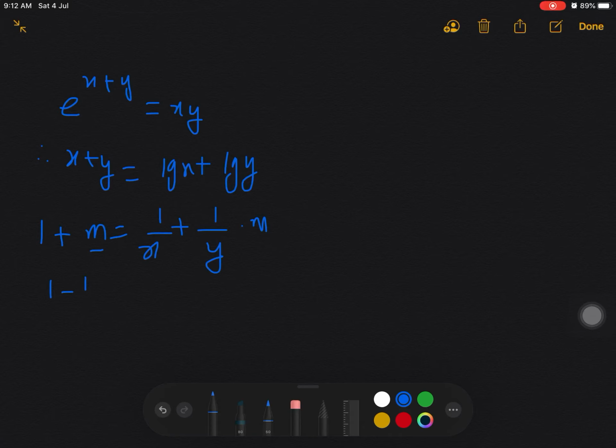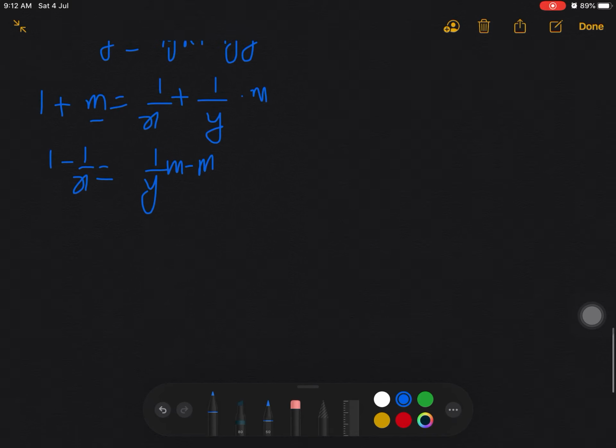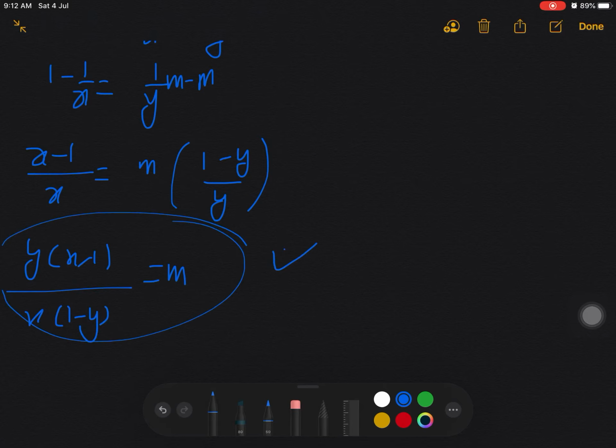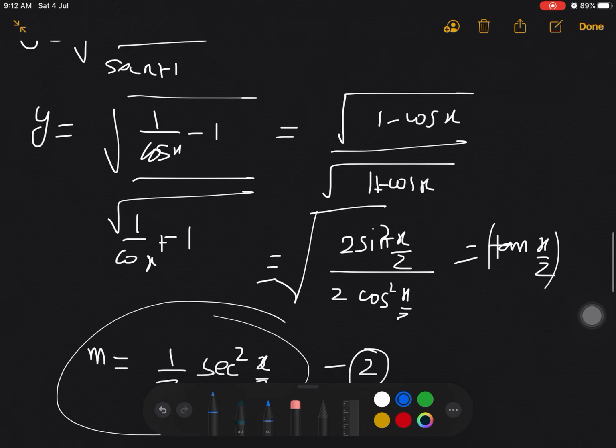We can write 1 minus 1 by x to be 1 by y m minus m. So we can further write this equation, x minus 1 by x is equal to m common, so we will write this 1 minus y by y. So we can write it to be y of x minus 1 by x of 1 minus y. So this is the correct answer to this very question.